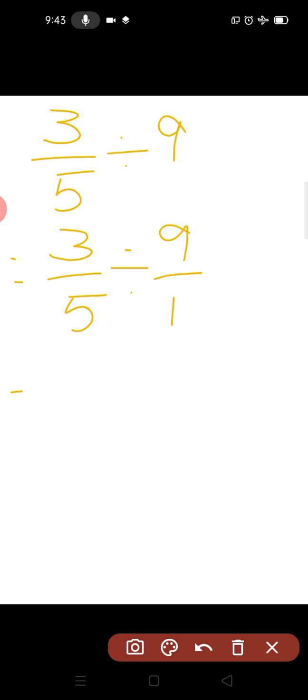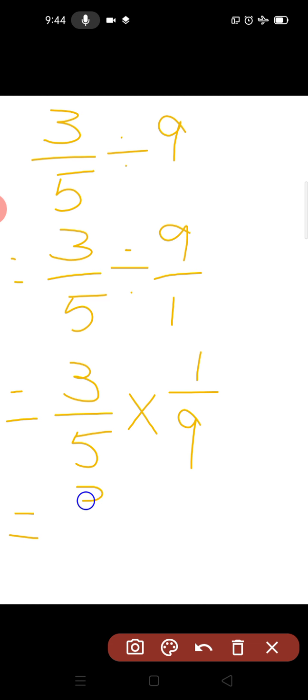Now, what is the procedure? First fraction, write as it is. Instead of the division sign, take a multiplication sign, and instead of 9 by 1, the second fraction, take its reciprocal, 1 by 9. Next, product of numerators by product of denominators.